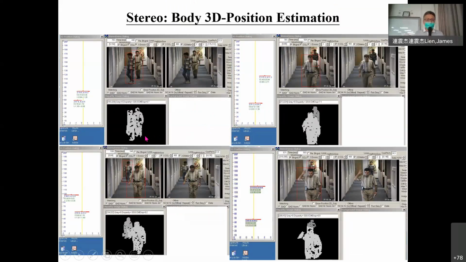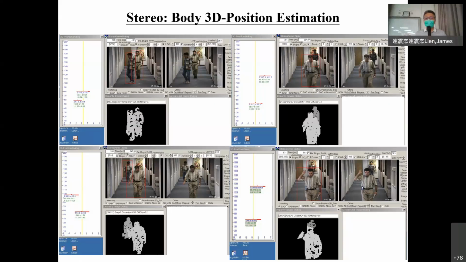This is an example. Two objects are separate. If an object is closer to you, we use a brighter color. The object far away from you, we use a dark color. But you'll find there are some holes here. Even right now, if you do stereo, there are some holes.